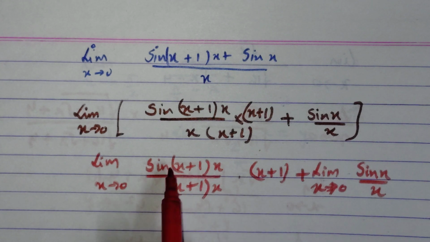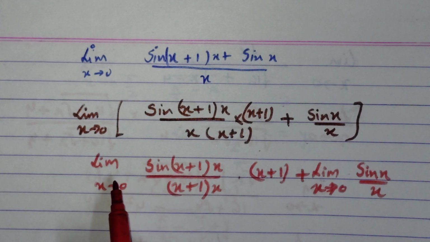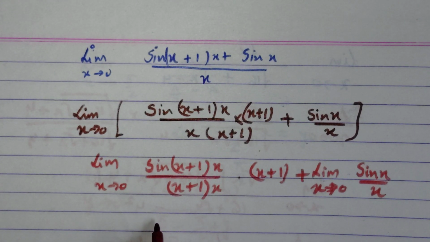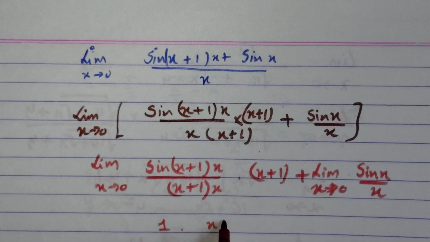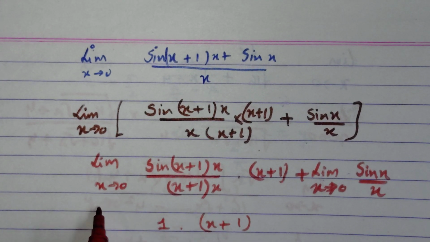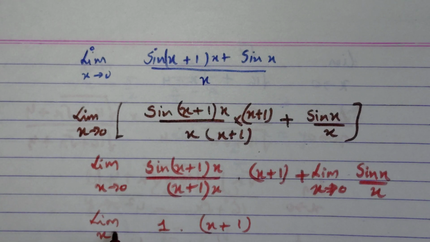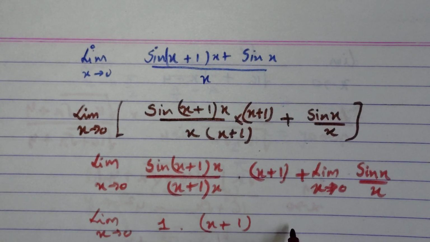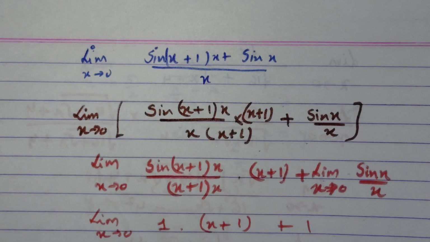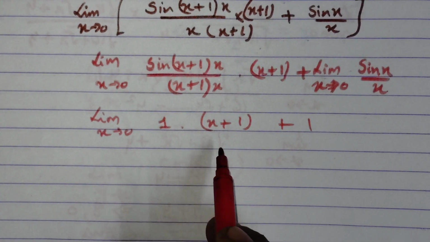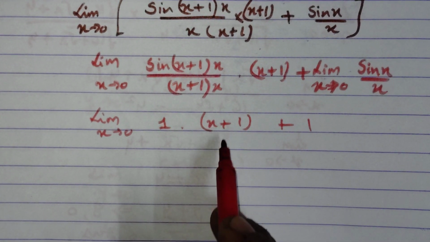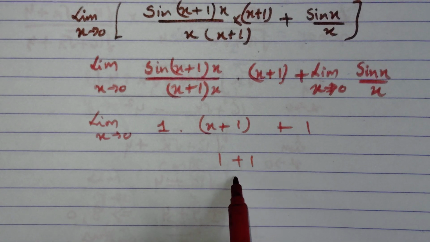So we know that the angle is the same. So sin x upon x, when x tends to 0, its value is 1. So it is 1 into x plus 1, and here the limit x tends to 0 for this x plus this is also 1. So when we replace x equal to 0, it becomes 0 plus 1, 1 plus 1. So the final answer is 2.